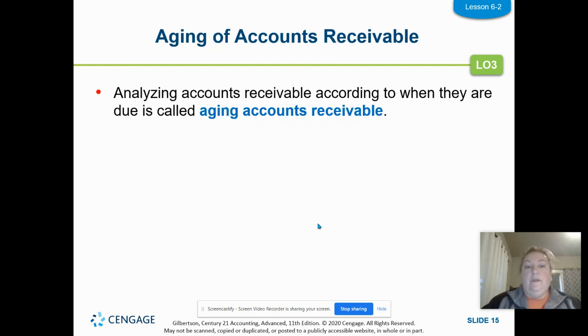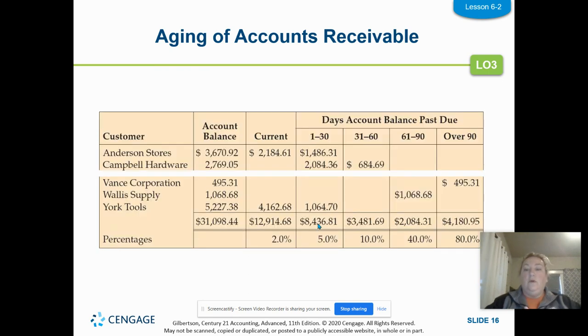Then we have the aging of accounts receivable. This one goes by days. It keeps track of each individual customer, and how many days they're past due. That's how we determine if we're not going to be able to collect.